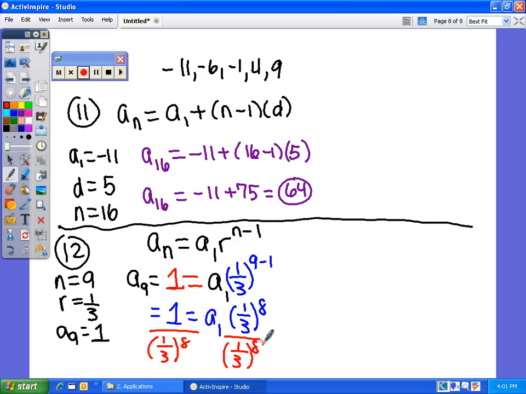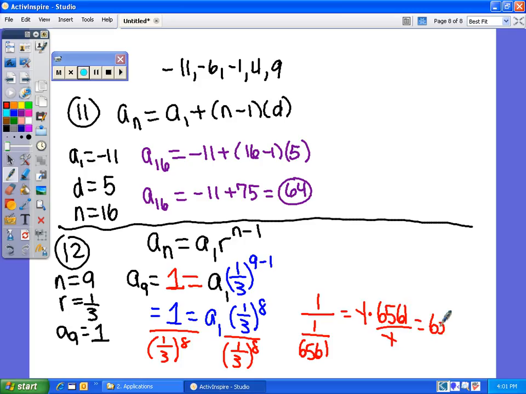Now, you can use your calculator, or you can figure out what 1/3 to the 8th is, and then just flip the fraction like we did in Unit 4. So 3 to the 8th is 6561, so 1 over 6561 flipped is 6561 over 1.